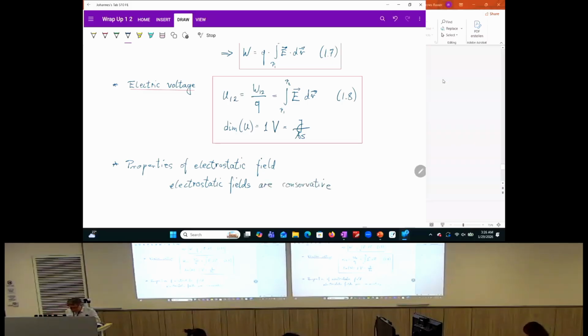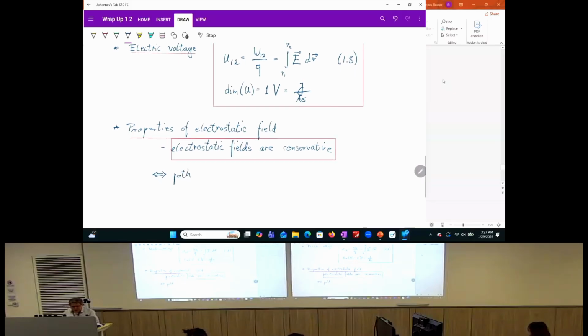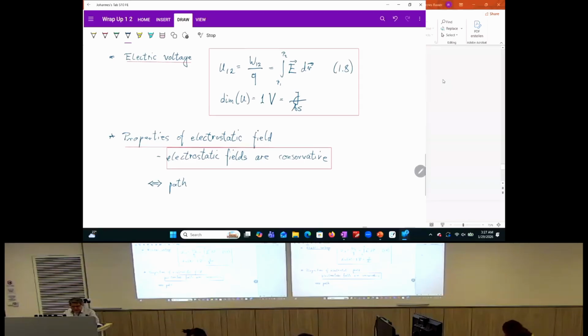Very important, the electrostatic fields are conservative. By what criteria can you tell that the electrostatic field is conservative? That means that the path integral depends only on the starting and end point.